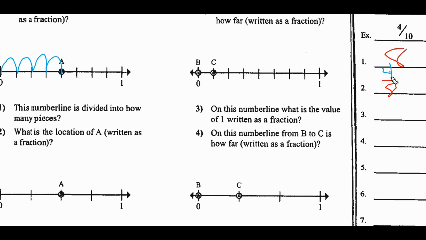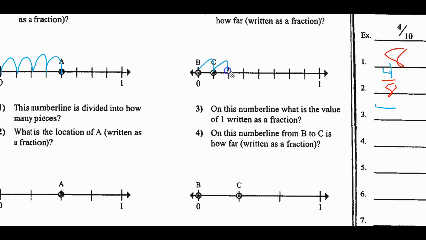Okay. Look at number 3. This number line right here. Okay. This number line for 3, and 4. It says on this number line, what is the value of 1 written as a fraction? So I need to count how many spaces are from 0 to 1. Anybody? It's on your paper. 8.